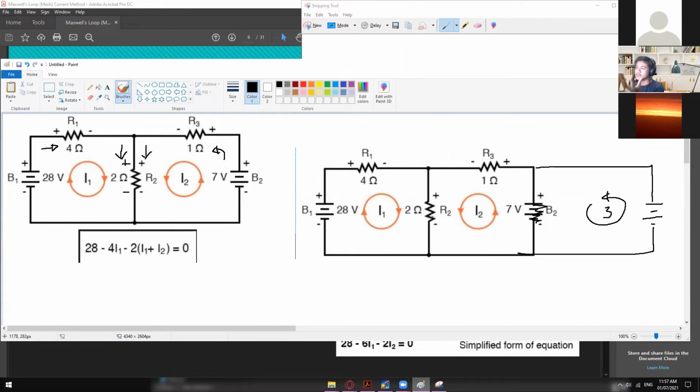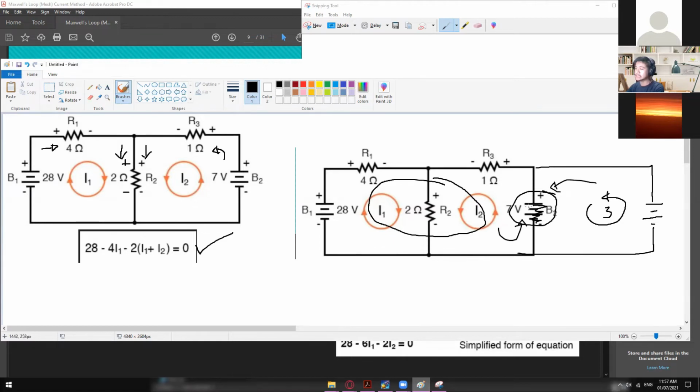If it's 3 meshes, we still have the same assumption. It will come up with this one, and here it will give you another assumption wherein we're only dealing with I2 and I3. Wherever they meet, those are the only things you need to consider. For example, right here we have I3 flowing in and I2 flowing in.